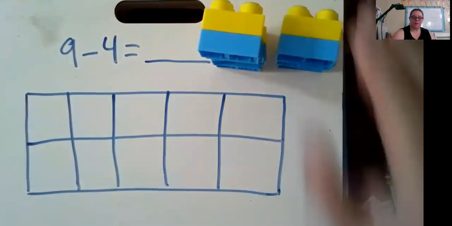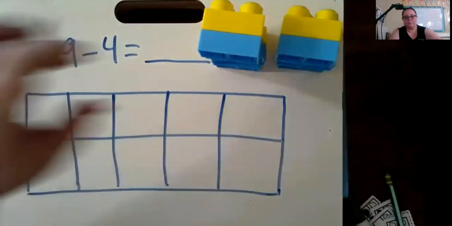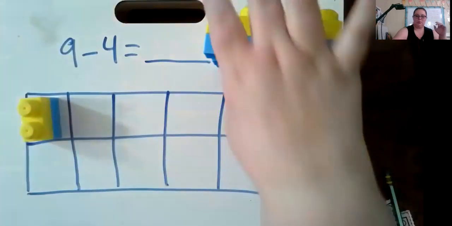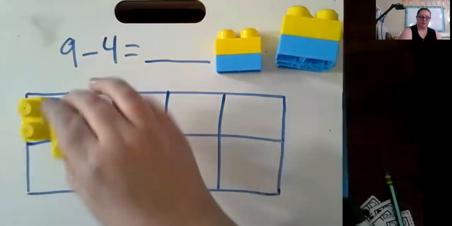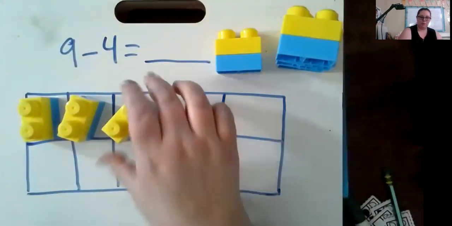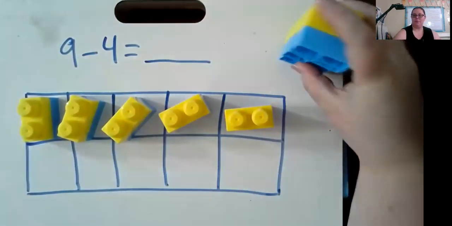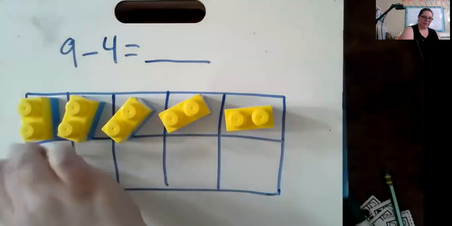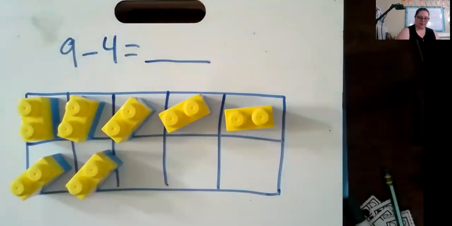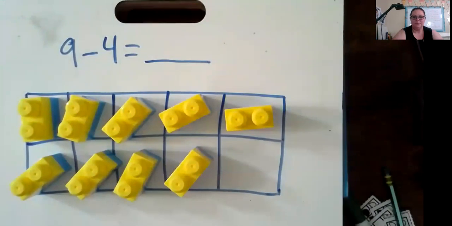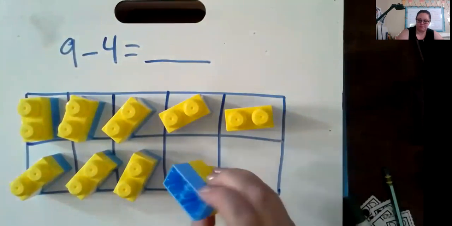All right, so here we go. So I have 9. I'm going to put the yellow on top. So 1, 2, 3, 4, 5, 6, 7, 8, 9. Okay, and then we're going to take away 4.